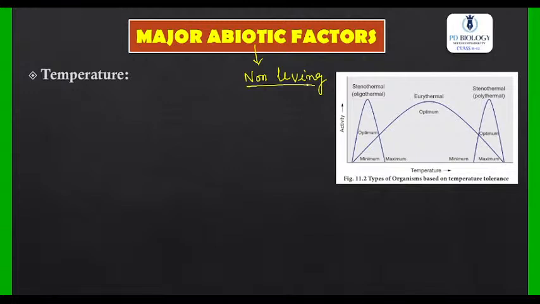There are many abiotic factors. So the first abiotic factor is temperature. The temperature, or degree of hotness and coldness, is the most relevant environmental factor.